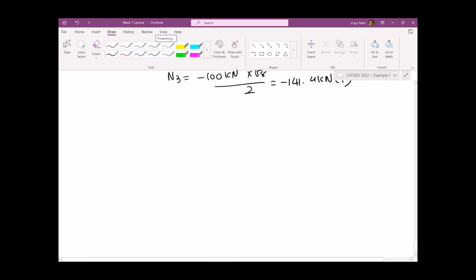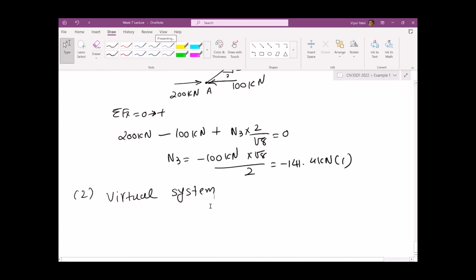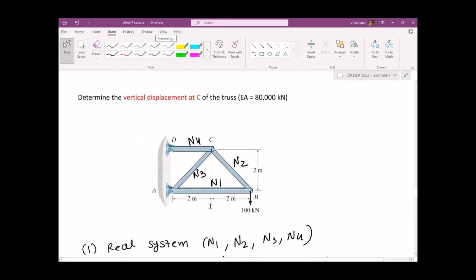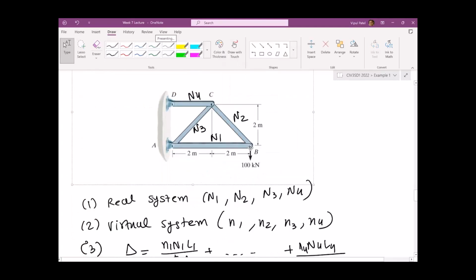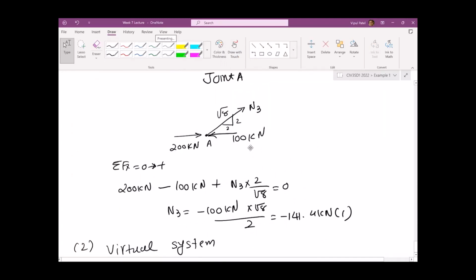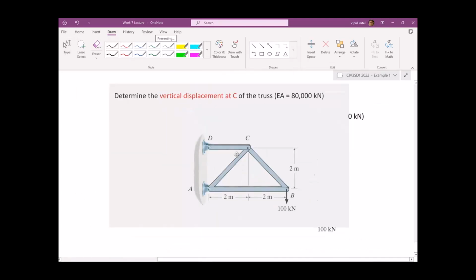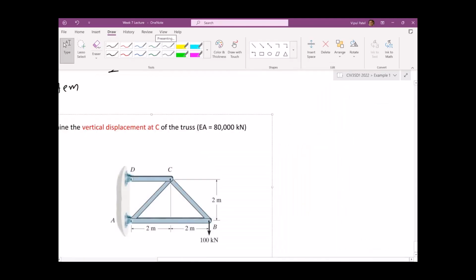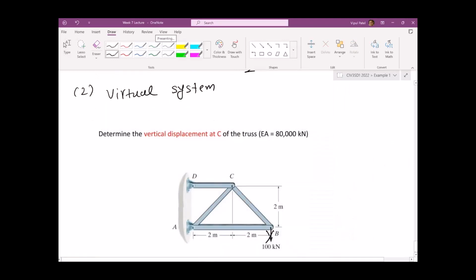I think in week number 3 we did it plenty of times. Now we need to draw the virtual system. In the virtual system, we are going to remove all the real loading, and we're going to find the vertical displacement.